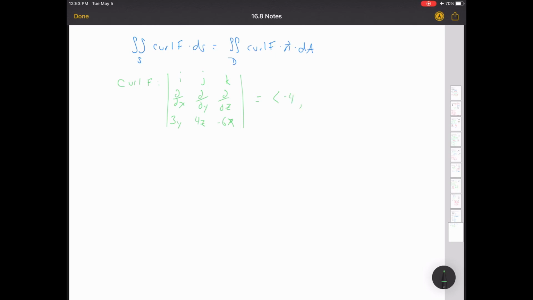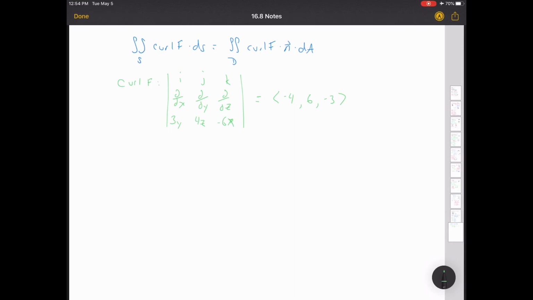Eliminating the j row and column, we get negative 6 minus 0, but you have to change the sign on that, so it should be positive 6. And then eliminating the k row and column, we get 0 minus 3, so that's minus 3. It's kind of nice that the curl components are all just numeric values, so when we dot those, it's going to make it a lot easier, I think.